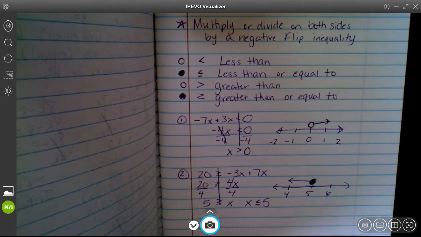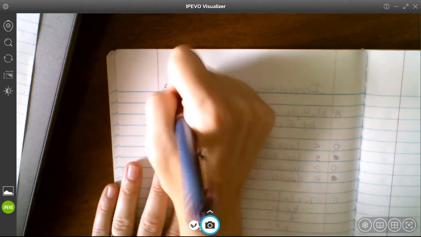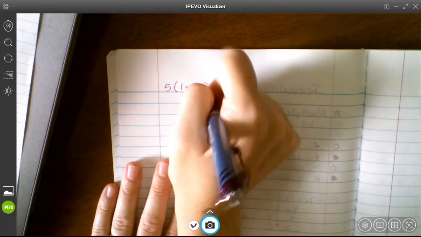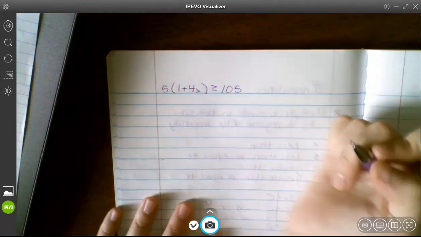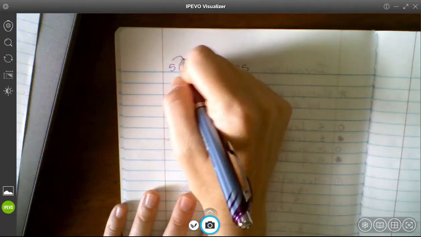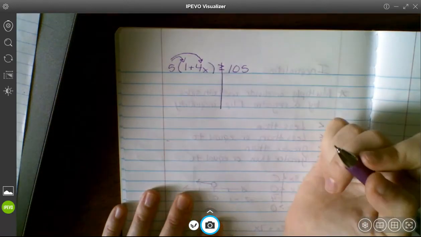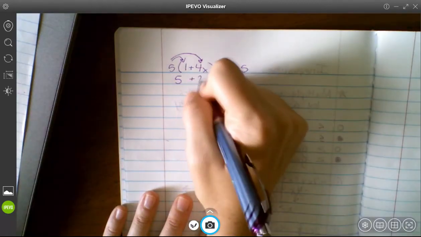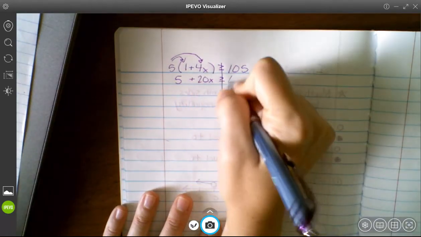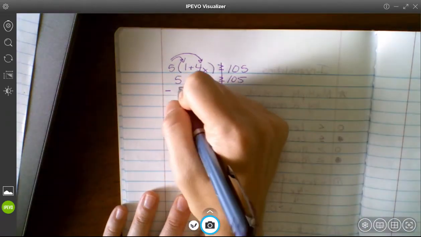Okay, so what if we get a little bit more complicated? Let's add the distributive property in here. Just like we would with an equation, I'm going to distribute. So 5 times 1 is 5, and 5 times 4 is 20x. It's greater than or equal to 105. Now I have my two-step inequality, so minus 5.